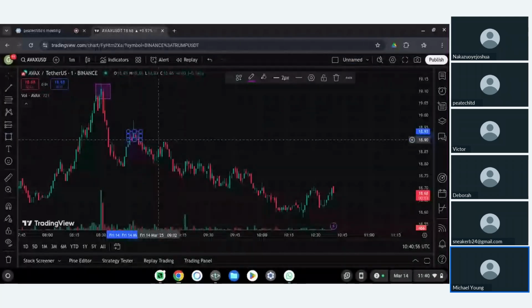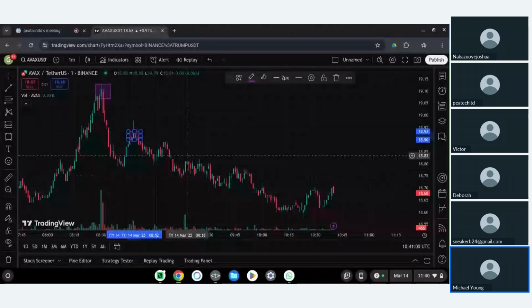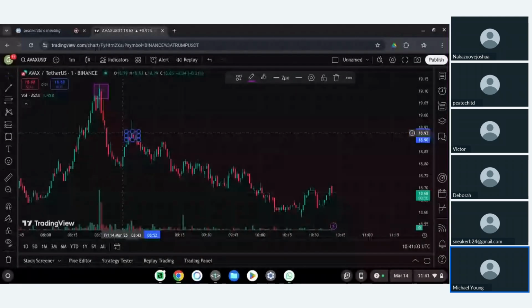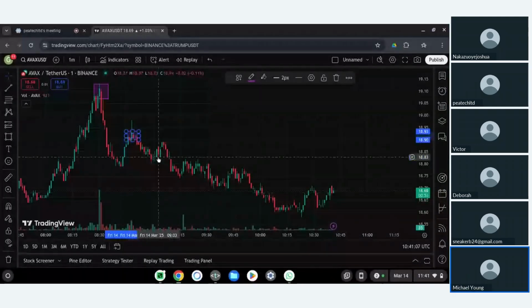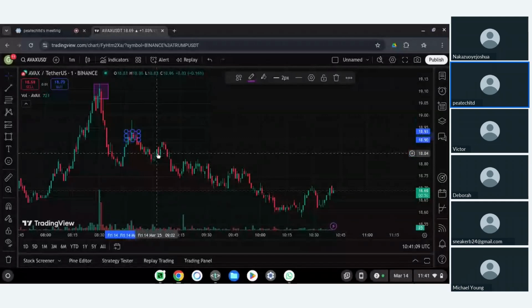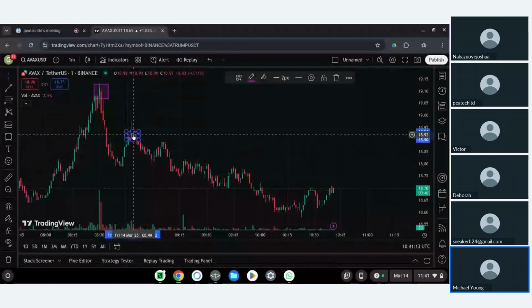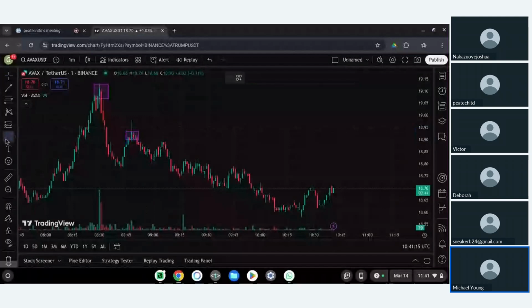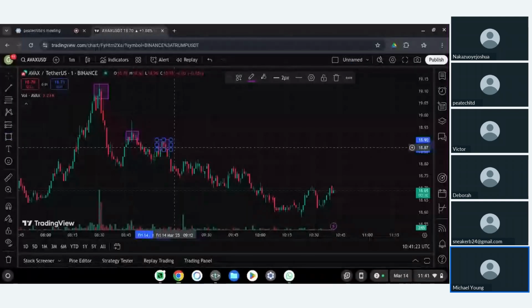Another one. So here is a lower low. This is another lower low here because it was not able to break from the former lower low there.